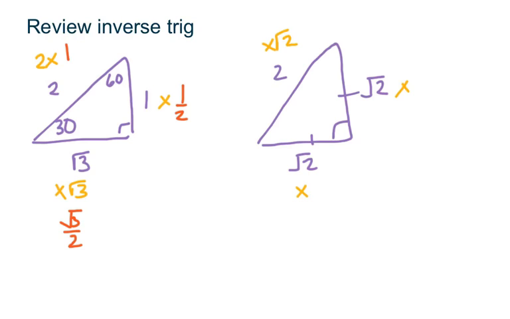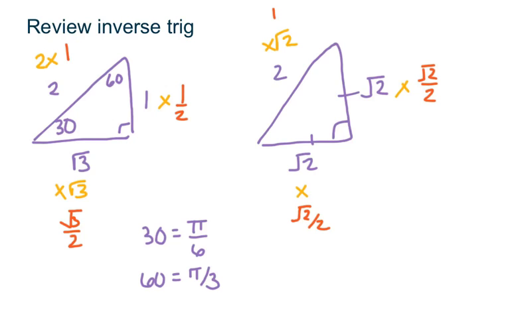Some of you will remember it as root 2 over 2, root 2 over 2, and 1. I really don't care which ones you know, you just should know them. Remember that 30 is the same thing as pi over 6, 60 is pi over 3, and 45 is the same thing as pi over 4.